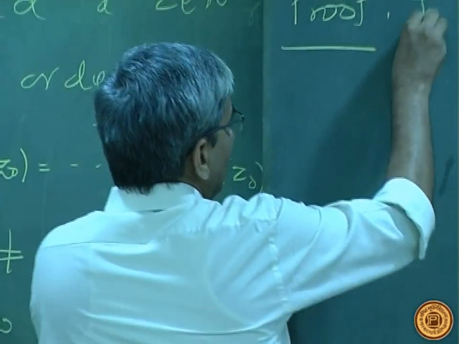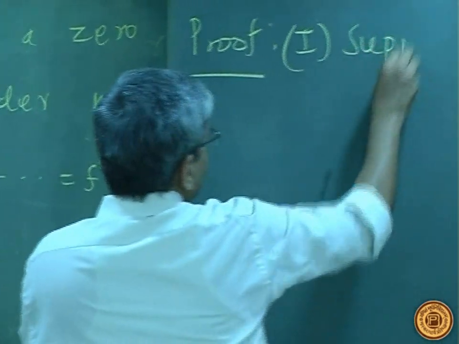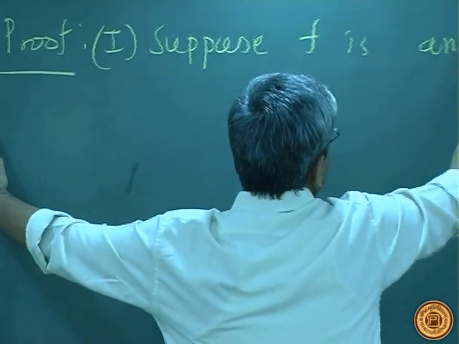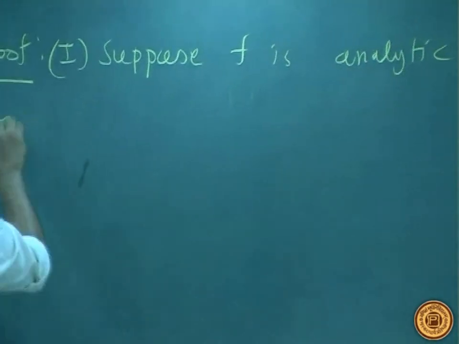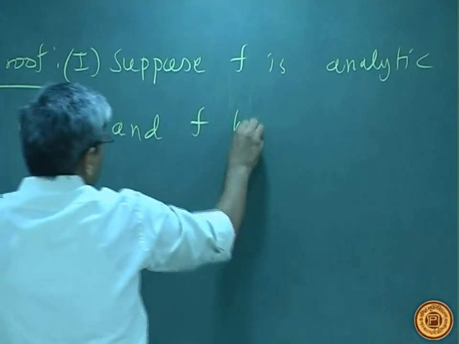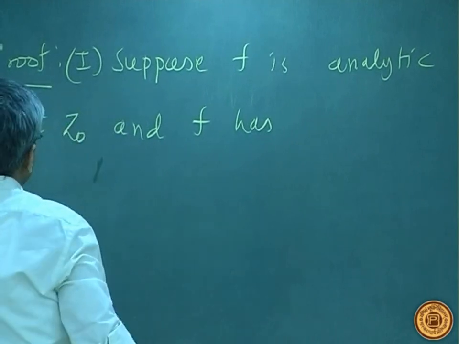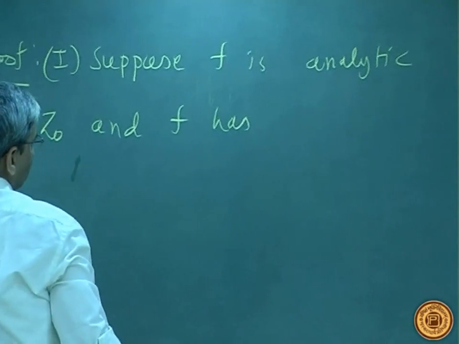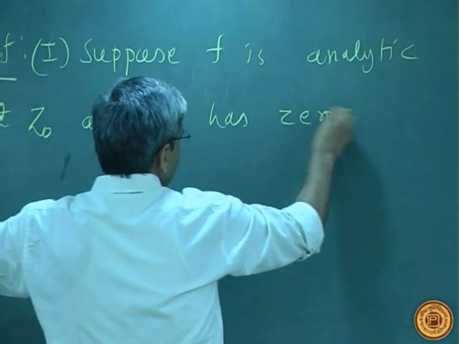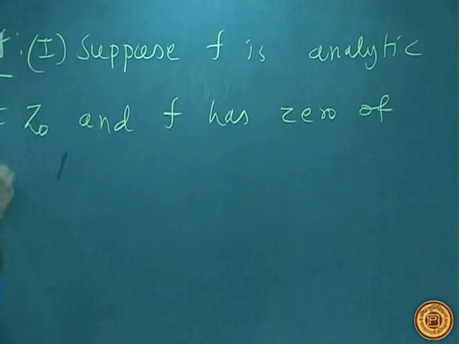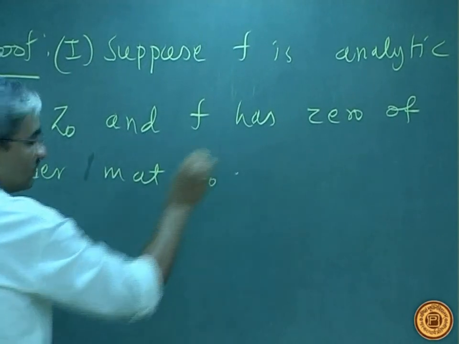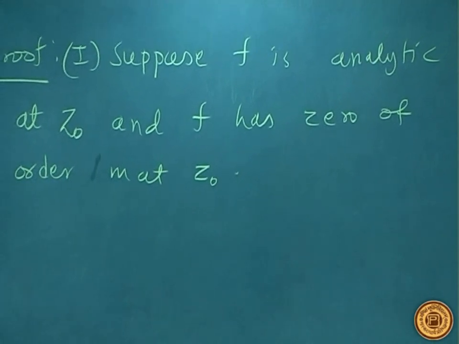So suppose, part 1 is, suppose f is analytic at z naught and f has a zero of order m at z naught.